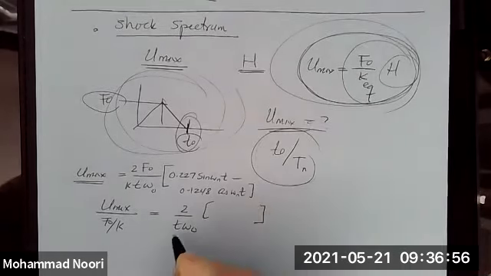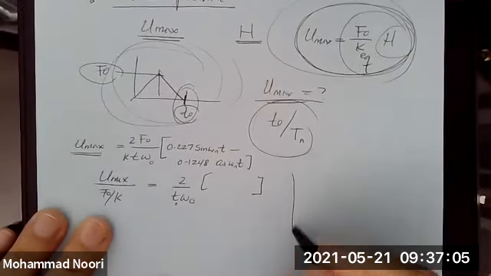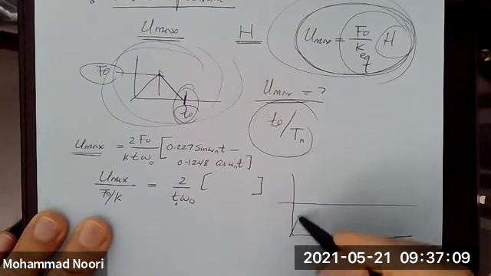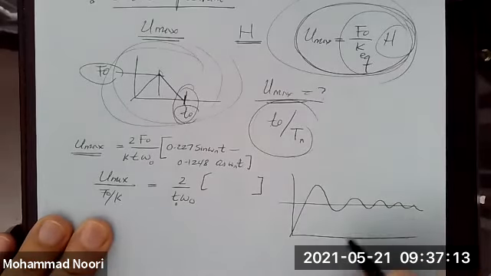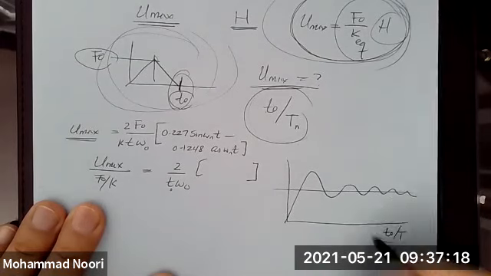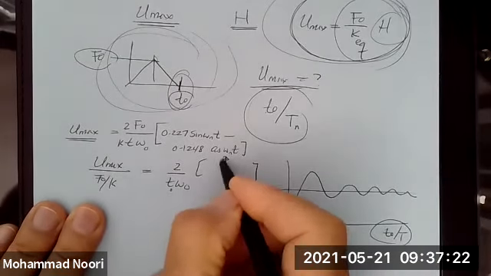If you plot this function for that problem, you see that you get a curve that looks like this. If you plot that function as a function of T naught over the natural period, you had omega n, right?